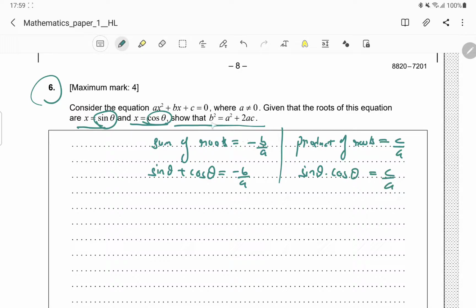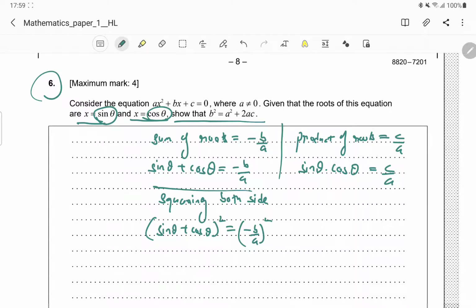Now we need to calculate b squared. So to get b squared, we have to square this side. Squaring both sides, it will be sine theta plus cos theta whole squared equals minus b by a whole squared.